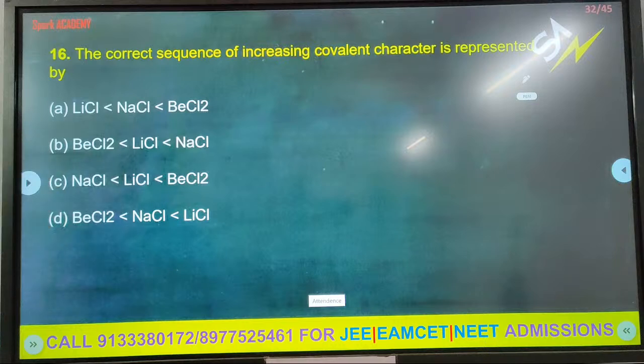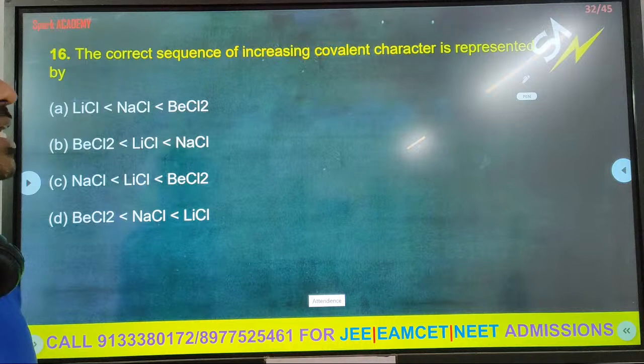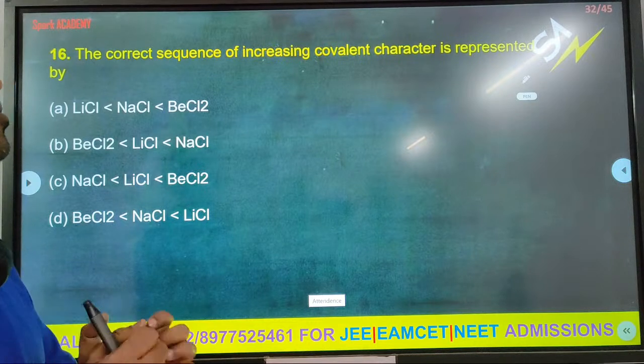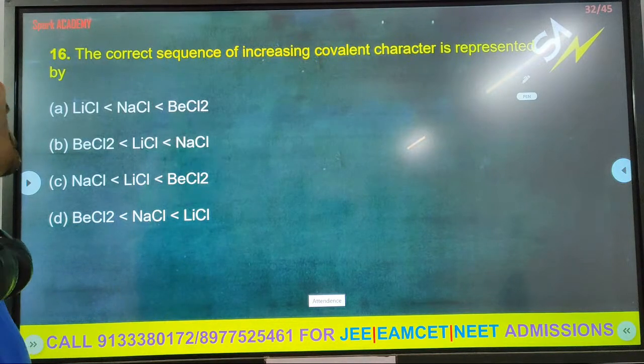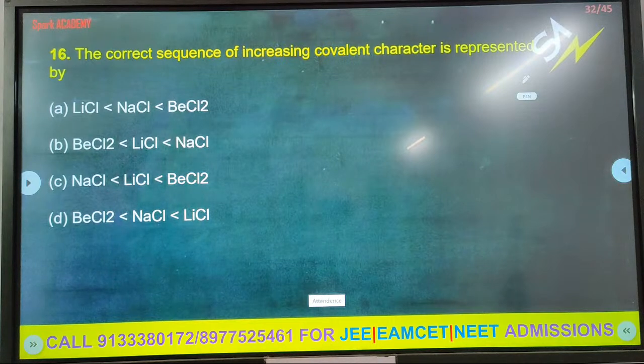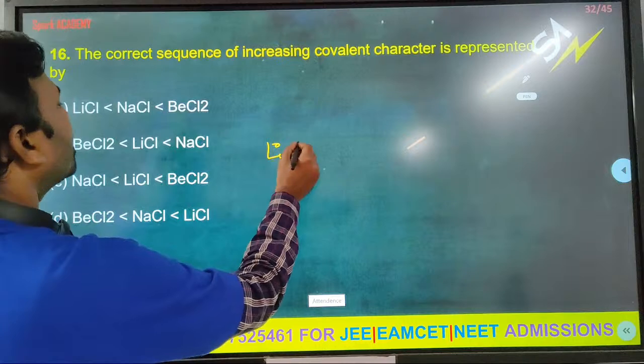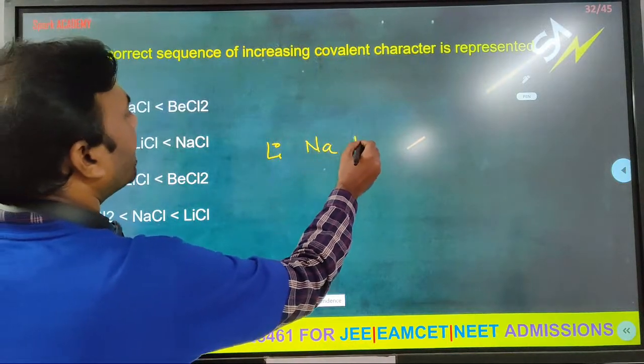Question number 16. The correct sequence of increasing covalent character is represented by. Now we are learning covalent molecules, so we have to find out how the covalent character increases. Here they gave three elements: lithium, sodium and beryllium.